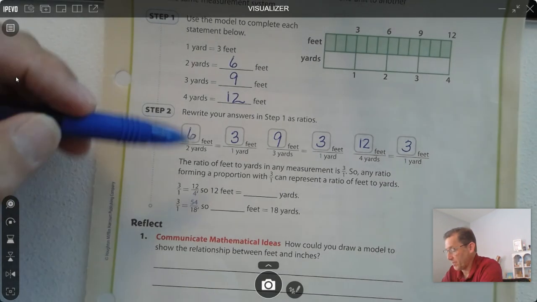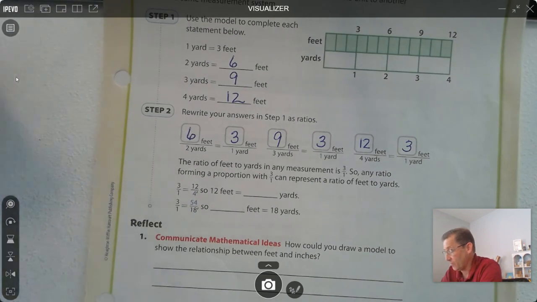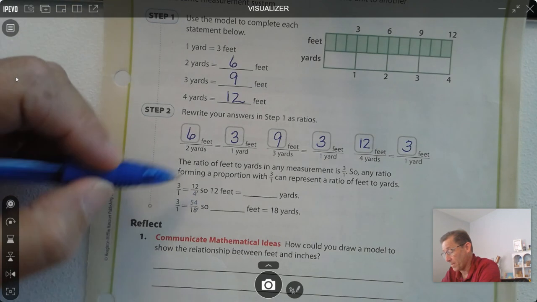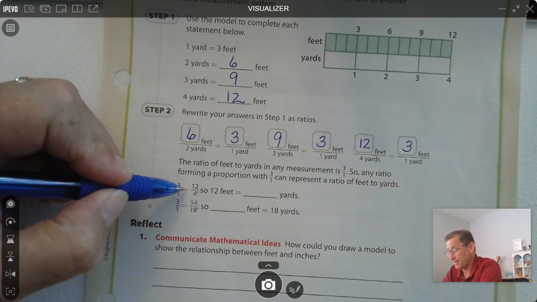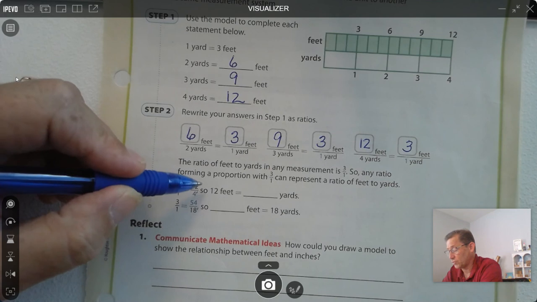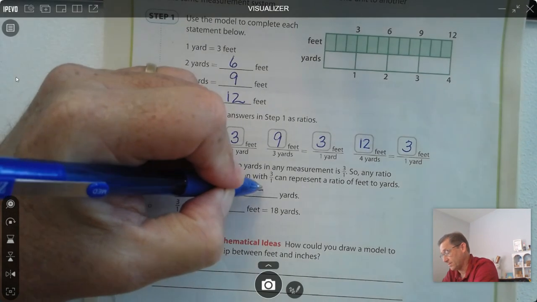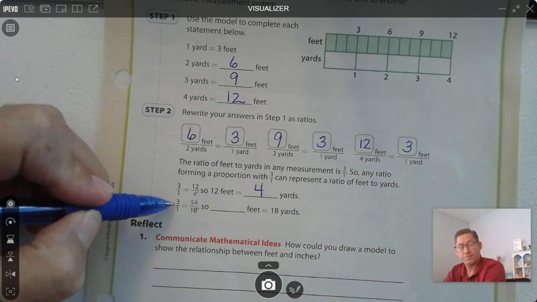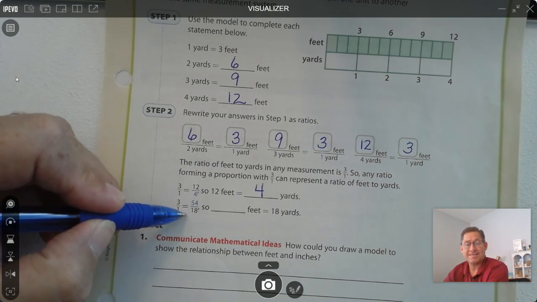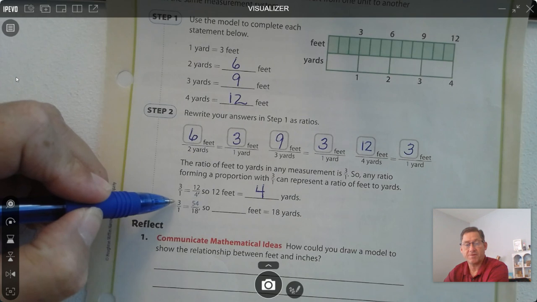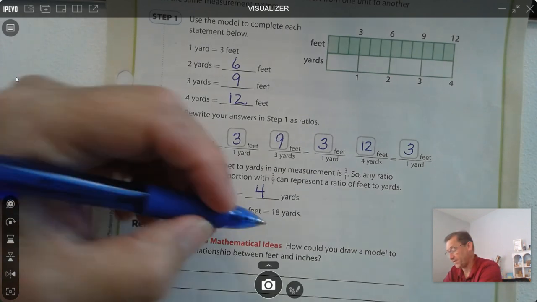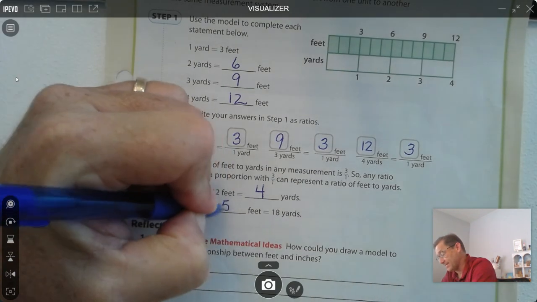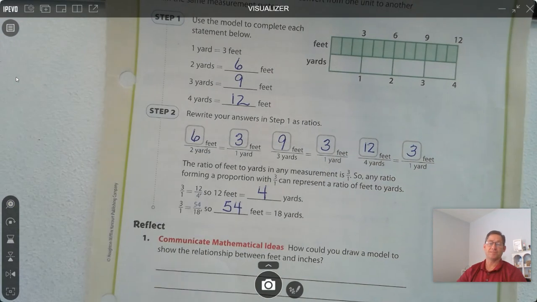So any ratio forming a proportion with 3 to 1 can represent a ratio of feet to yards. All right, so 3 to 1 is 12 to 4, so 12 feet equals 4 yards. 54 to 18 is also in the ratio of 3 to 1, so 54 feet is 18 yards.